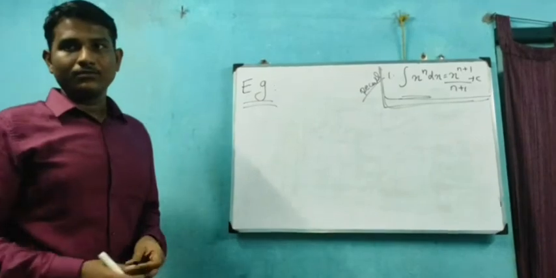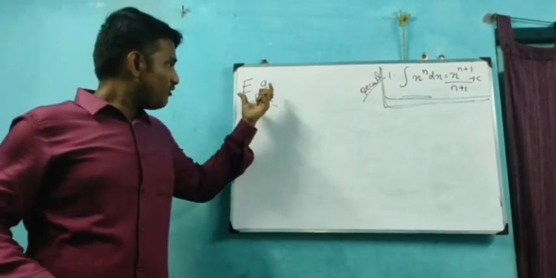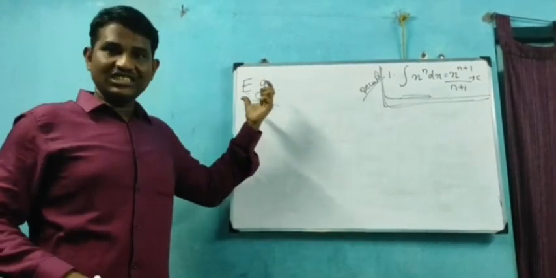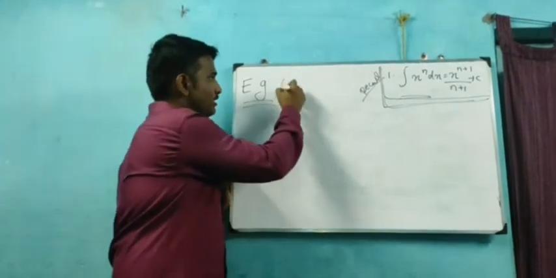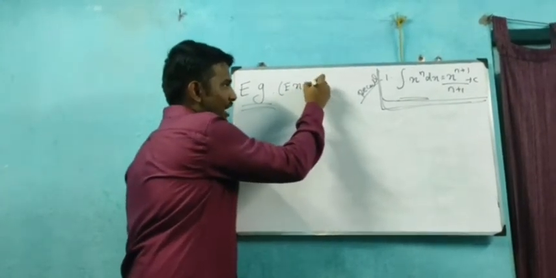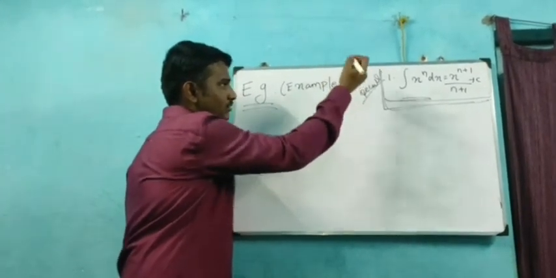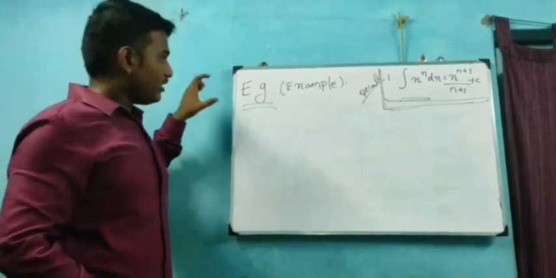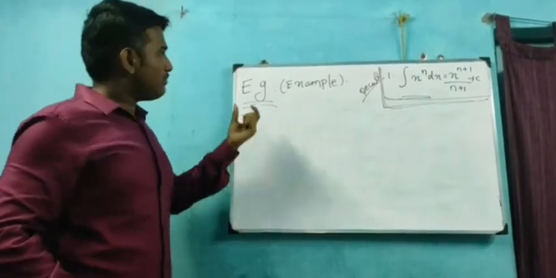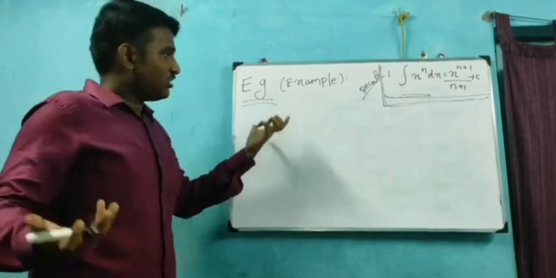Guys, anybody know why we are putting "eg" instead of writing "example"? Look at the spelling of example: in the starting we have E, but where is the G? There is no G, right?